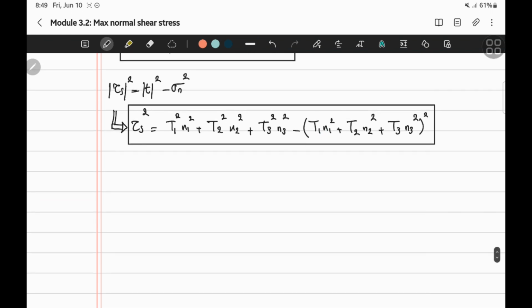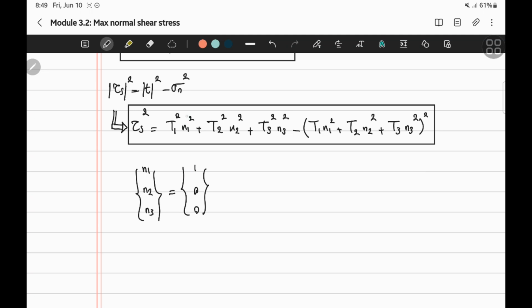So if you take, for example, n1, n2, and n3 and use 0, 1, and the rest 0, you get tau s equal to 0.